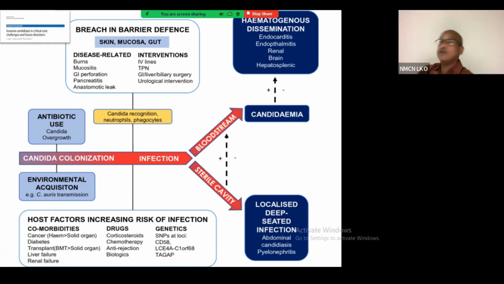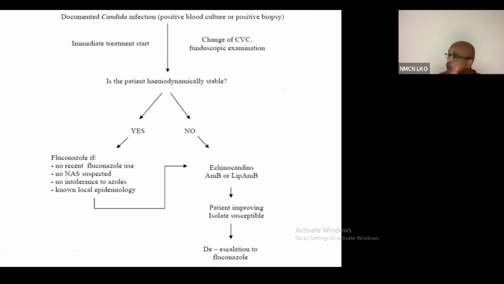One is the heart, and second is the eye. I need to evaluate both these sites if the Candida is not clearing from the blood despite optimal therapy. So that is for general perception.